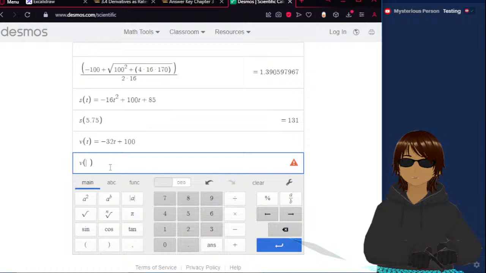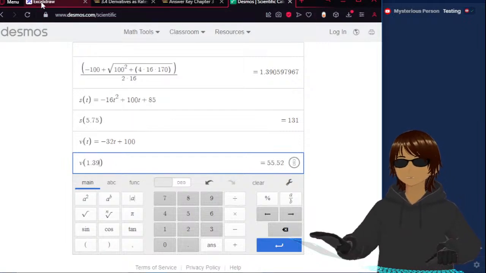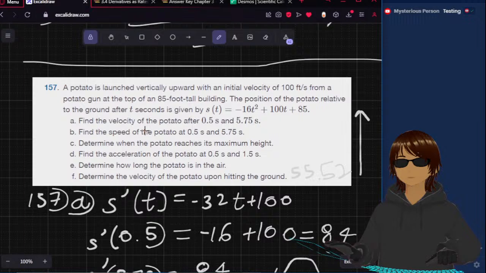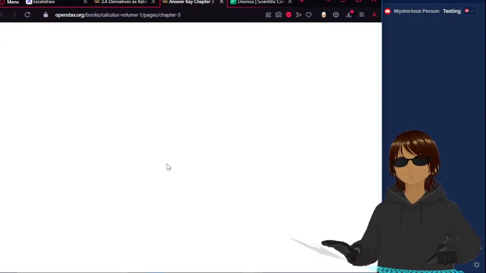V of 1.39 is 55.52. This is for the last one. 55.52. Is it really 1.39? Let me see.